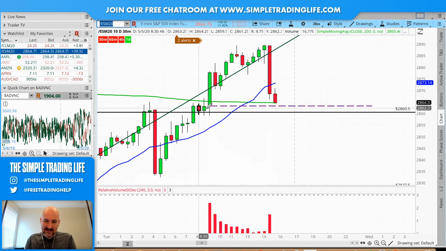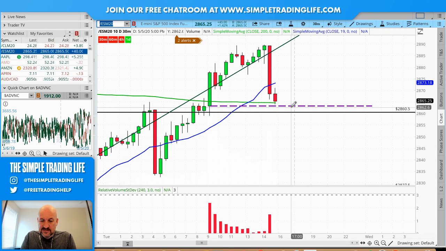We had this rally, base, rally. So this little basing area in here should also act as some support. I was seeing if we got any quick spike or quick bounce, but probably as soon as I turn the camera off, we'll either break through it or we'll get a big bounce.